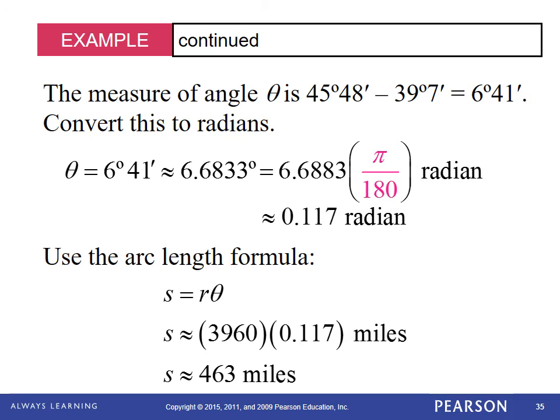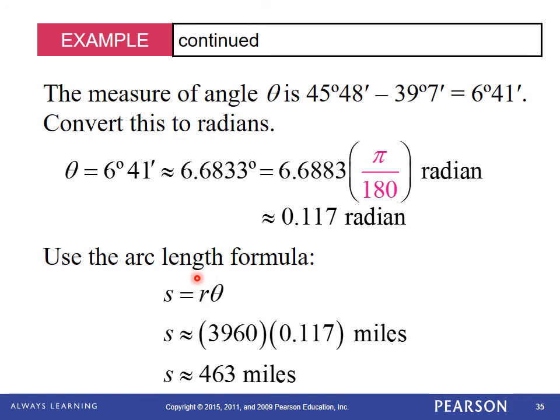So what we do, of course, is just subtract. 45 degrees 48 minutes, subtract 39 degrees 7 minutes gives us a difference of 6 degrees and 41 minutes. At that point, we convert the degrees into radian measurement, which gives us an angle measurement in radians.